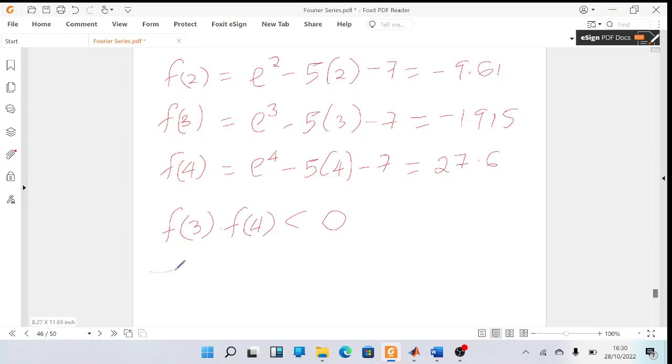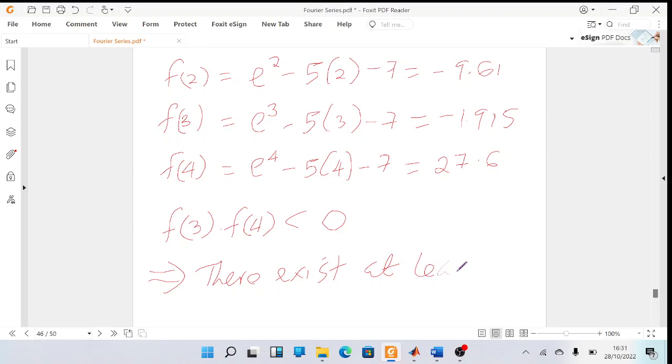So this will imply, if we apply the intermediate value property, that there exists at least one root of the equation on the open interval 3, 4. So this is the root that we want to find.